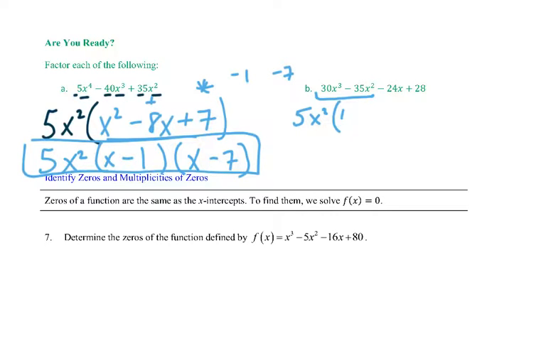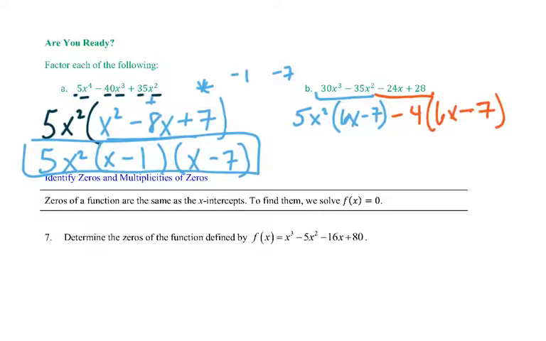If I divide that out, I'll remain with a 6x minus 7. And then here, I can factor out from each of those a negative 4, because 4 goes into 24 and 4 goes into 28, and if I take out the negative, that's going to remain a 6x minus 7.